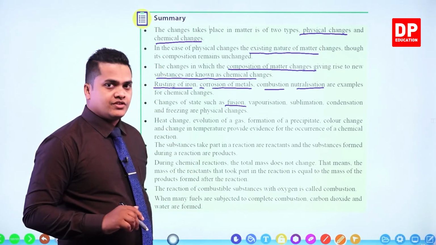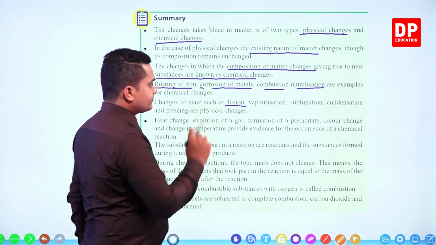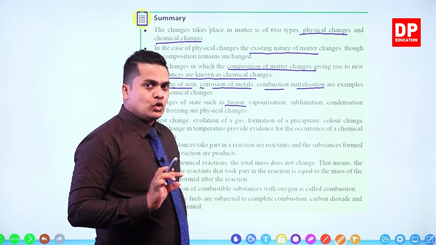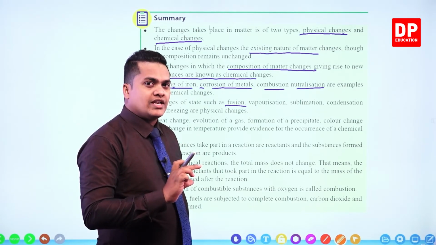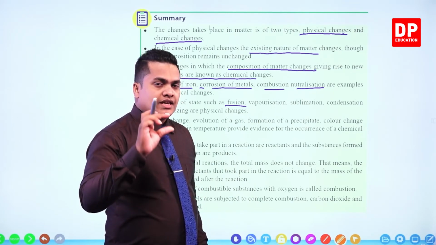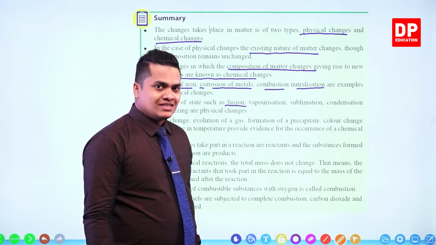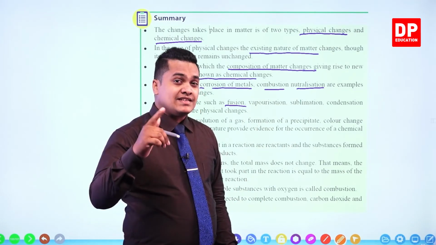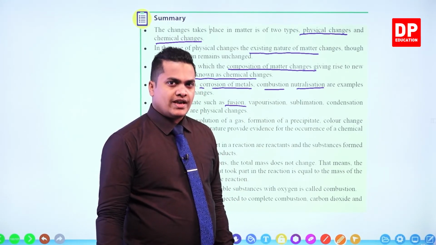So, fusion: a solid is getting changed into a liquid. It is also called melting. Vaporization: a liquid is getting converted into a gas. Sublimation: a solid is directly getting converted into a gas.